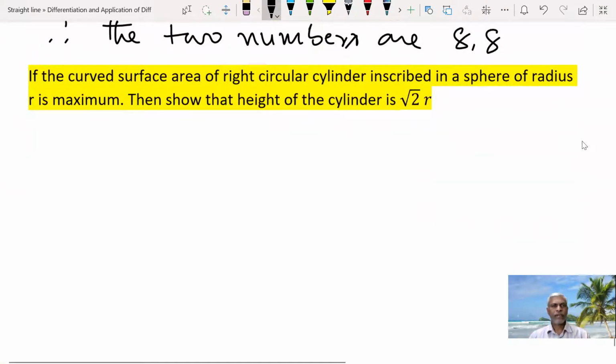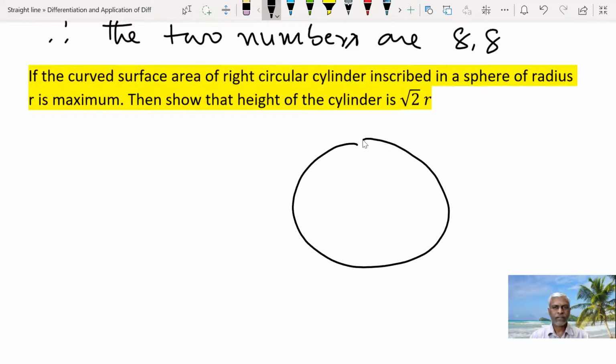Now, a sphere of radius small r is given. So this is a sphere, and a right cylinder is inscribed in the sphere.